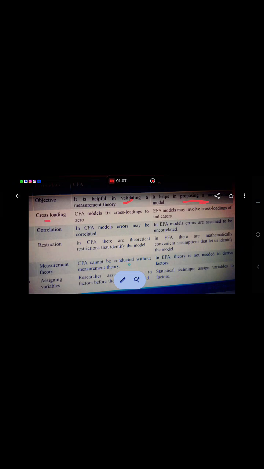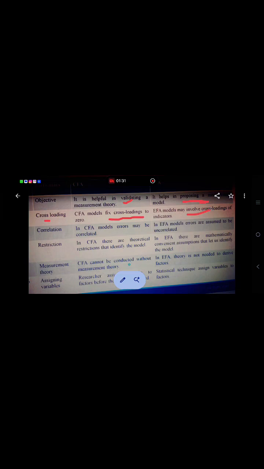Then we have cross-loading in CFA and EFA. Cross-loading means that CFA models fix cross-loadings to zero, while EFA models may involve cross-loading of indicators.